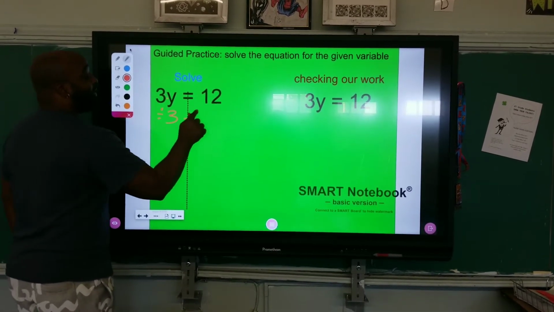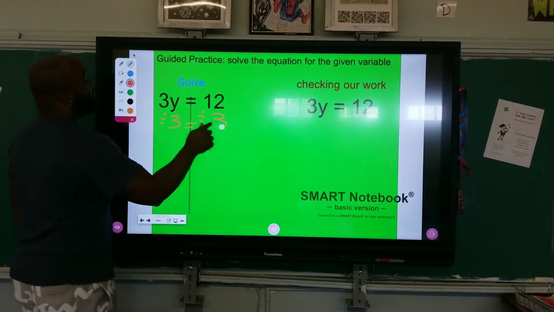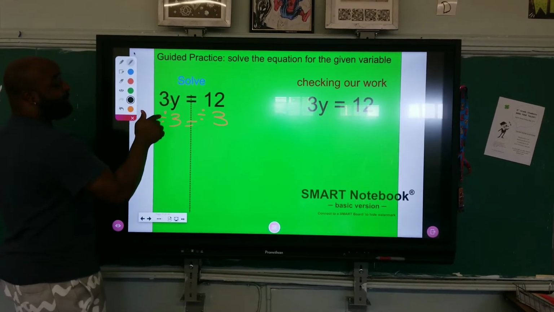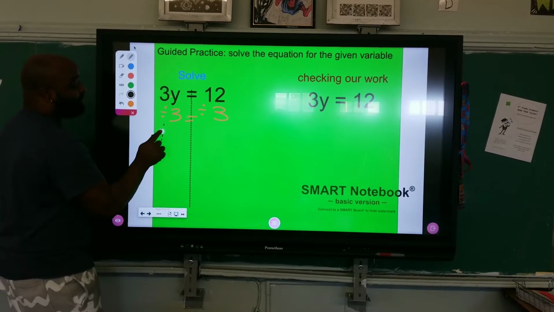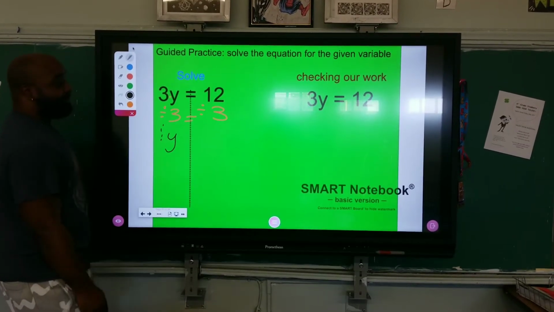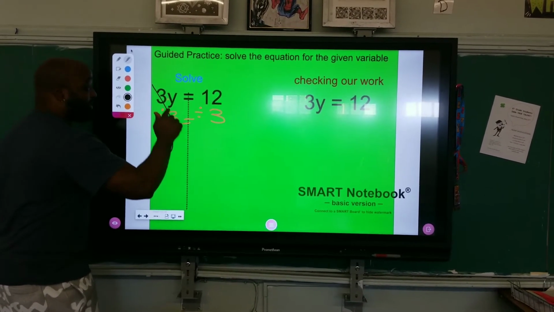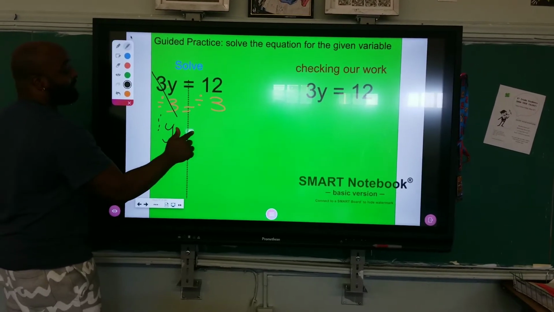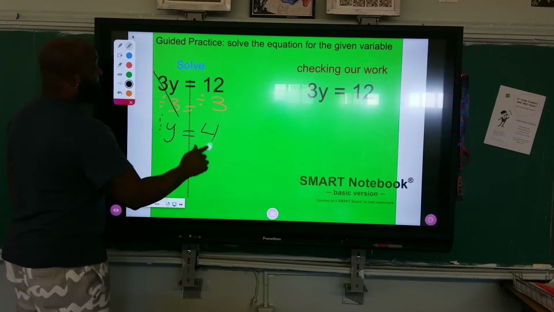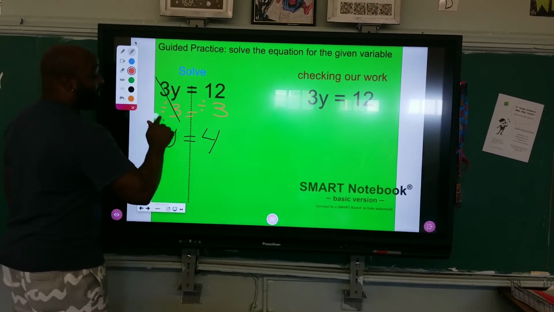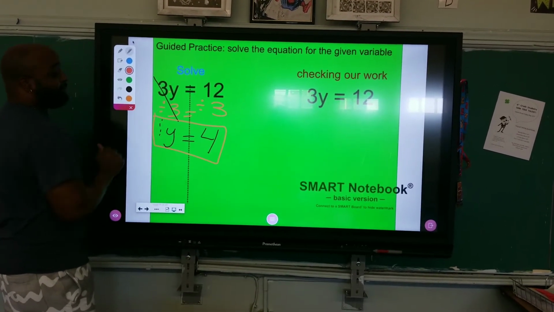Now remember, we want to keep that equal on both sides. So if we do that correctly, 3 divided by 3 is 1, right? Remember I told you there's an invisible 1 with every variable. So the 3's cancel. The y comes down. Keep the equal sign on the brick wall, and 12 divided by 3 is 4. So right now we think our answer is y equals 4.